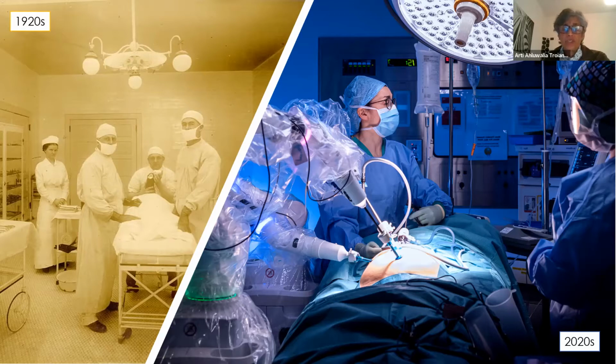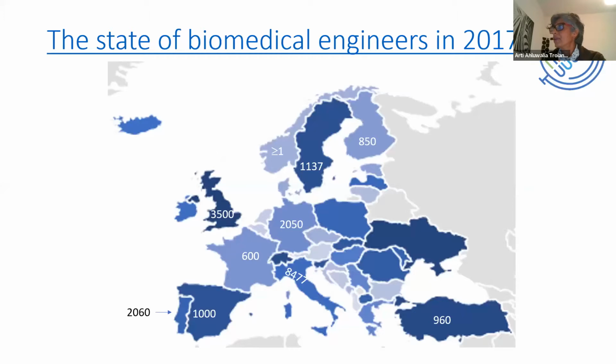To stress this fact, here are some data on the state of biomedical engineers in Europe in 2017. This is data from the World Health Organization. Basically, the World Health Organization sent a survey to all the member countries, asking them to do a census of biomedical engineers in each country.